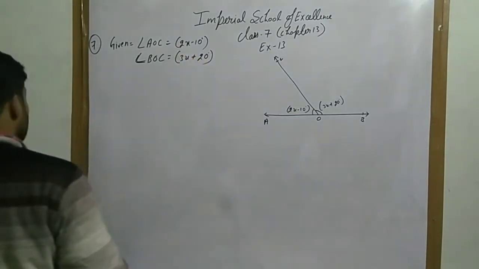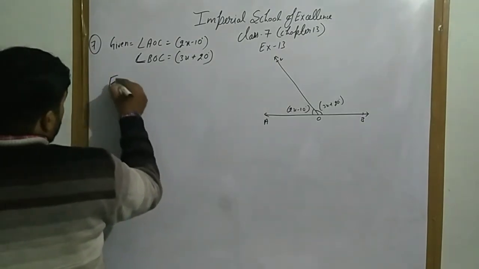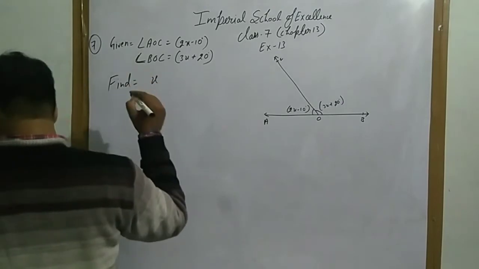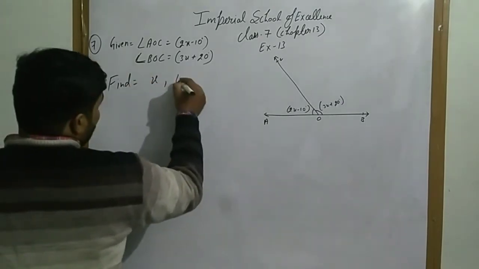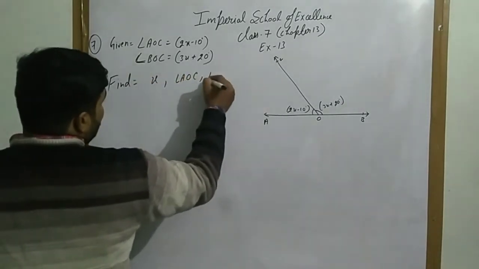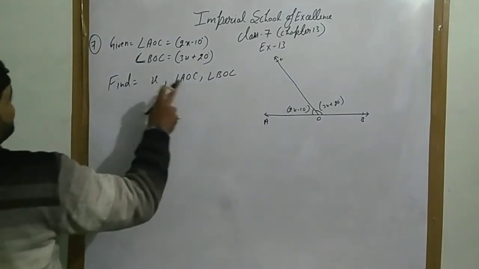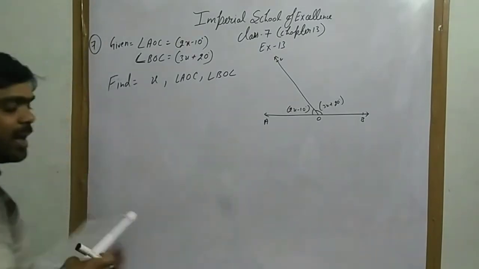After that, what do you have to find? We have to find x, angle AOC and angle BOC. We have to find the value of x, then angle AOC and then angle BOC.